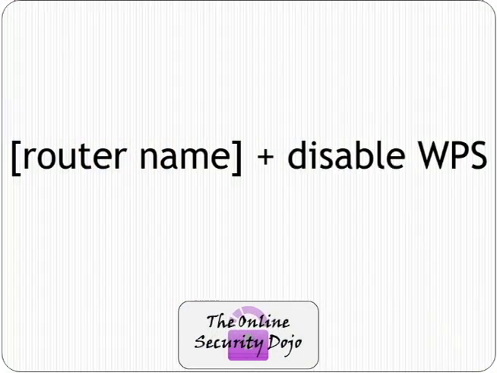So as a result, it's not much in use now. If your router has WPS, then what you should do is disable it. How to do that varies depending on what router you have. So the best thing you can do is just perform an online search at a search engine, something like the name of your router plus disable WPS.